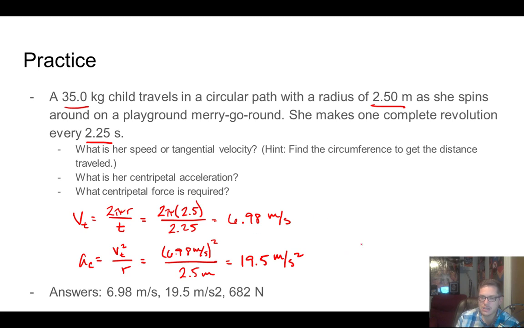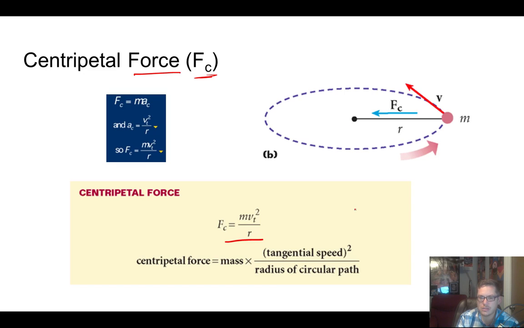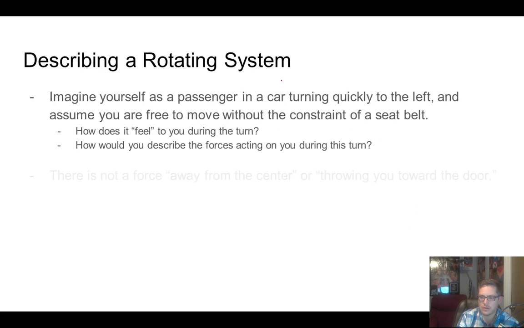And then lastly, it asked for centripetal force, F_c. Centripetal force is m v_t squared over r, so mass times velocity squared over r.